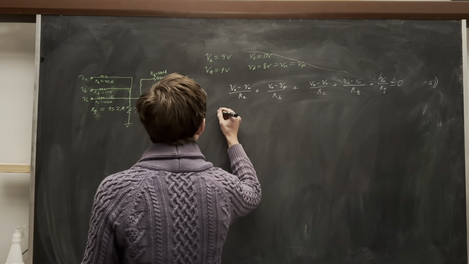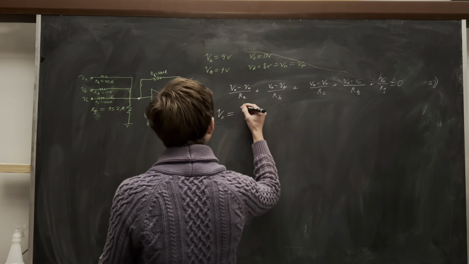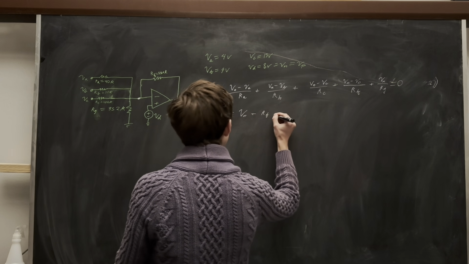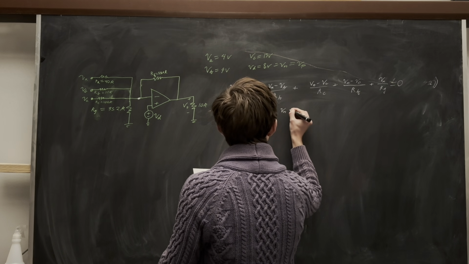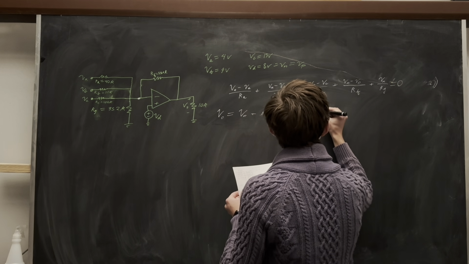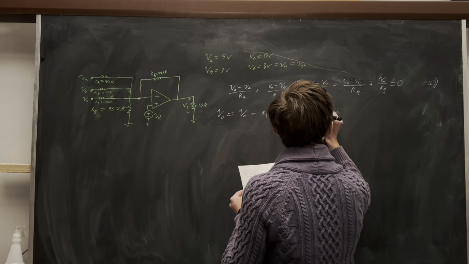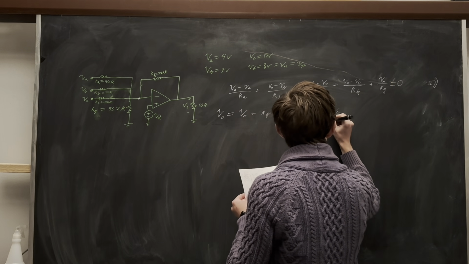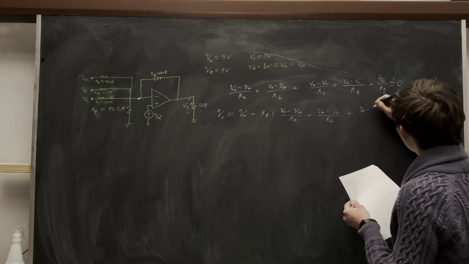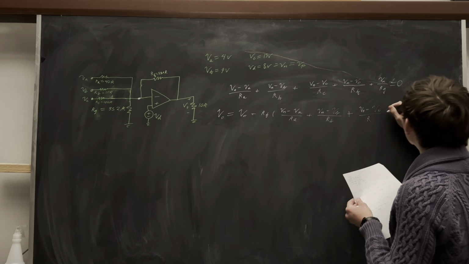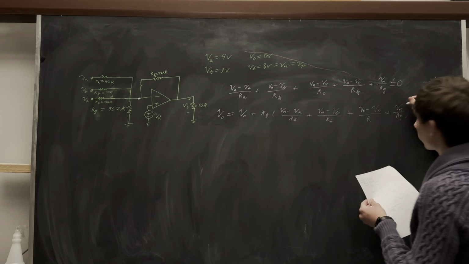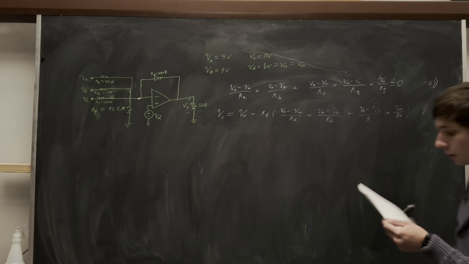So we end up with V naught equals Vn plus RF times Vn minus VA over RA plus Vn minus VB over RB plus Vn minus VC over RC and Vn over RG.